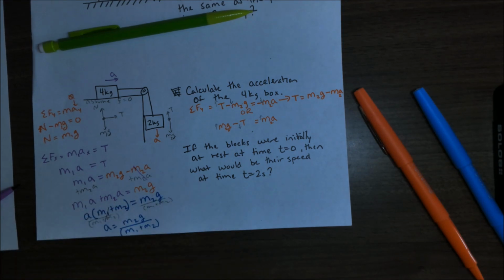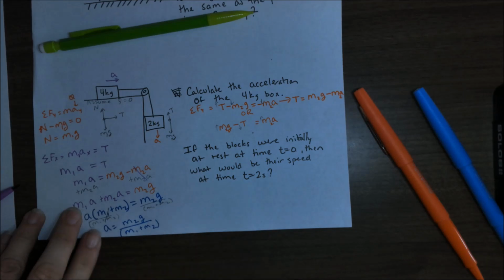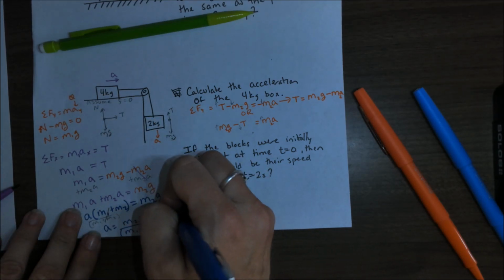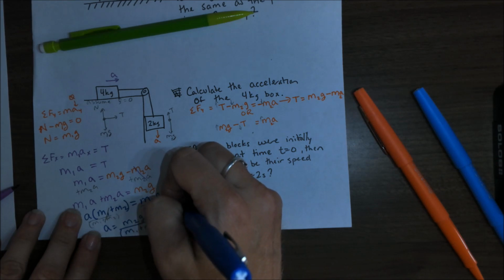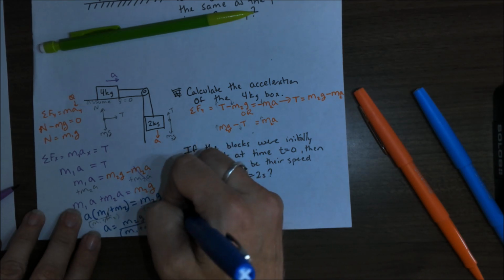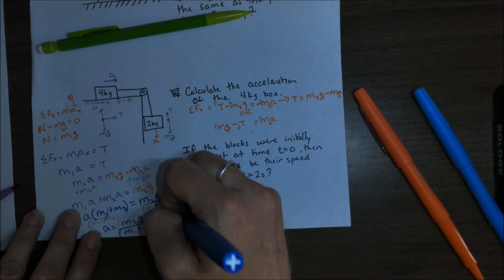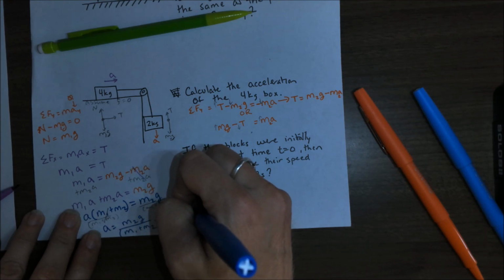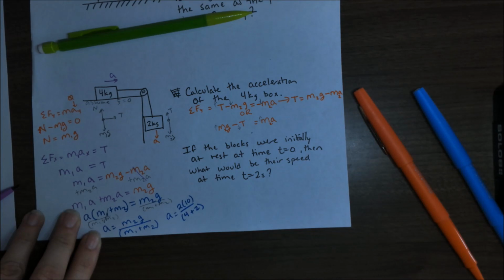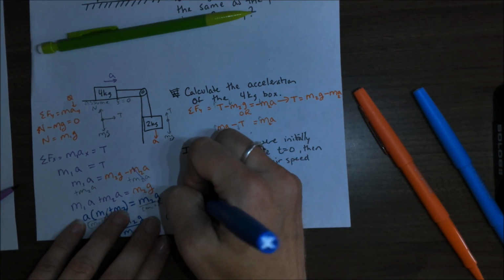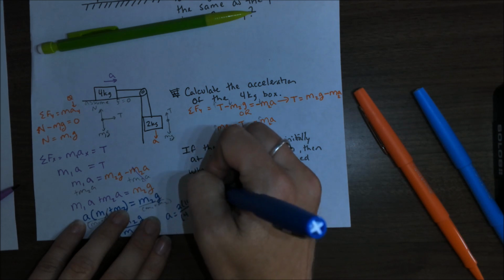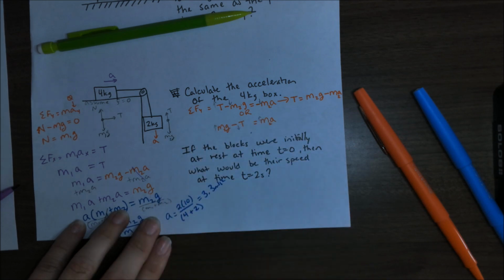And so that's my set formula. I do have numbers, so I can plug and solve using my mass and gravity, my 4 kilogram, and my 2 kilogram, and solve it out. I'm going to get about 3.3-ish. It's acceleration, so meters per second squared.